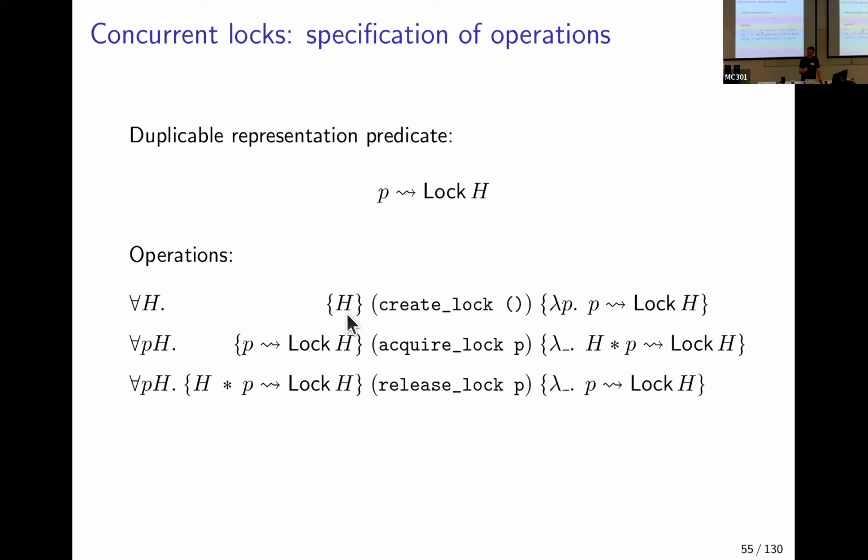If you have H, you can create a lock and have the lock protect the whole H, and you lose the H here. When you acquire the lock, you have this new H given to you, and p points to lock H. And when you release the lock, you're giving up H. You're just putting it back into the lock.